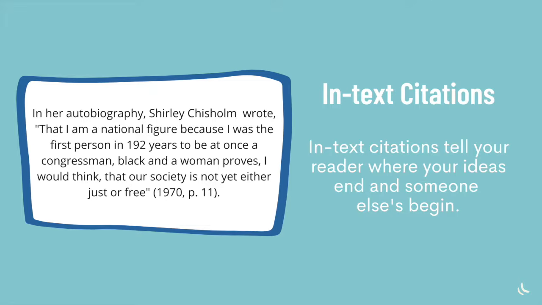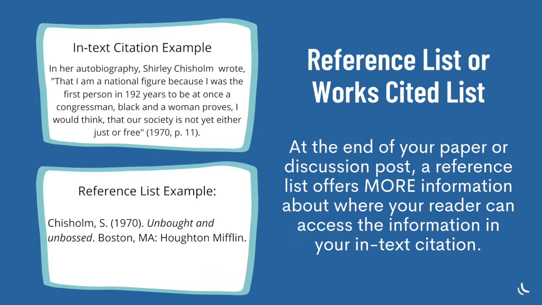An in-text citation often provides some combination of the author's name and the year the information was created. At the very end of your paper or discussion post, you provide a more thorough citation that gives your reader even more details about where they can find that piece of information, like the name of the book it was published in, or the title of the article and the URL where you found it.